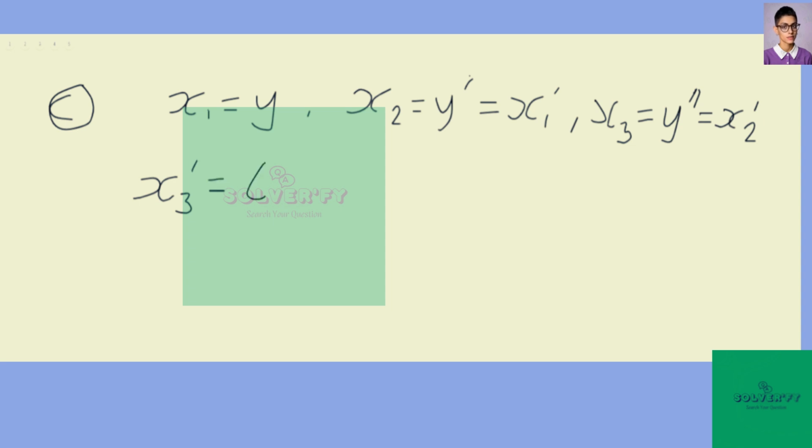So that's going to be 6 times y double prime, which is just x3, minus 11 times y prime, which is x2, plus 6 times y, which is just x1.